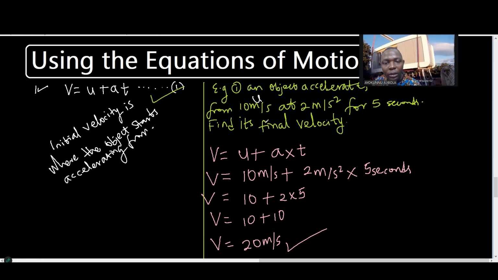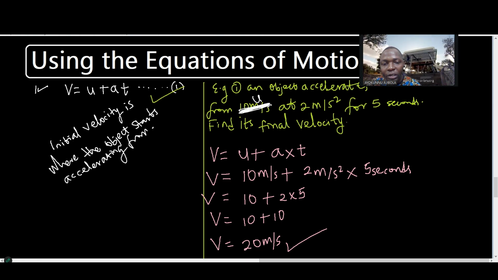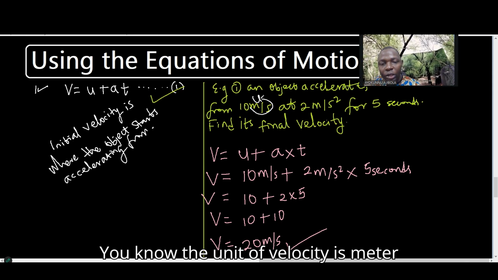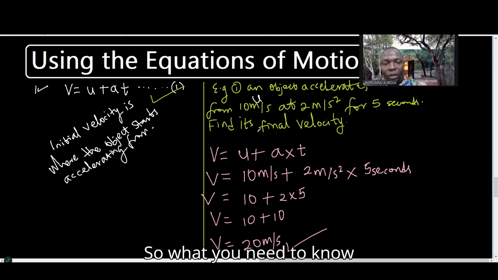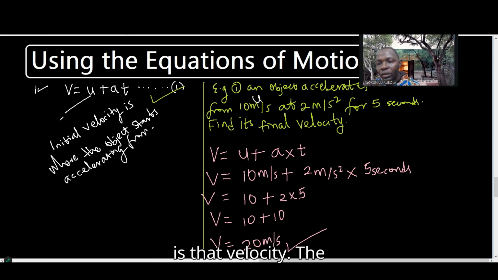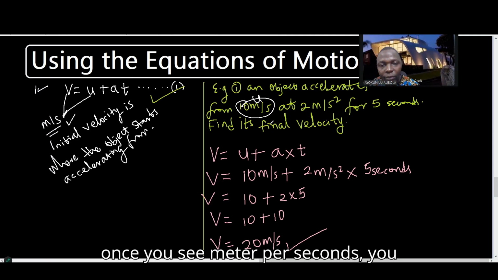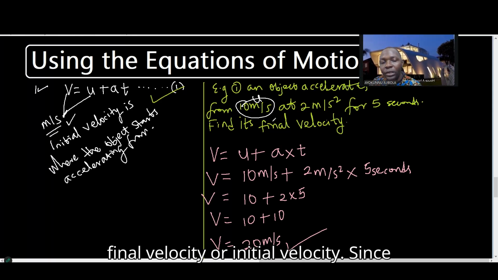I say once you see velocity, this is velocity, right? How do you know it's velocity? You know the unit of velocity is meter per second, right? So what you need to know is that velocity, whether final or initial, is meter per second. So once you see meter per second, you will know whether it's going to be final velocity or initial velocity.